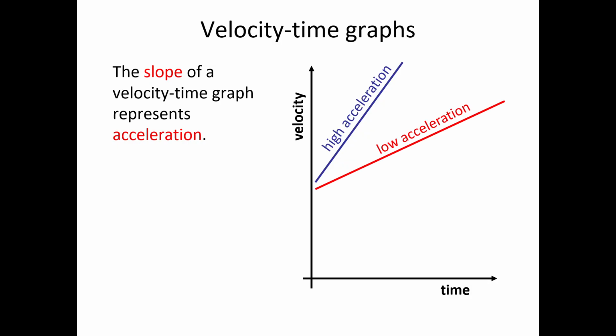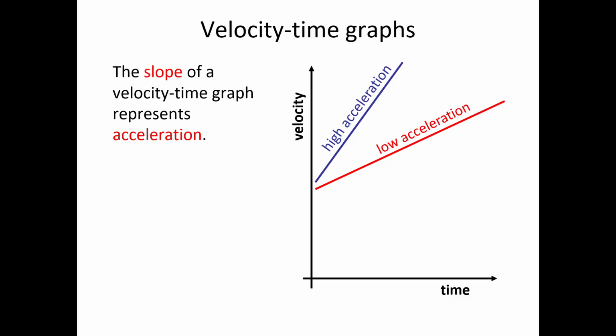So in this particular example here, you've got 2 different vehicles maybe. One's got a high acceleration because it's steeper, and one's got a low acceleration. So the slope of a speed or velocity time graph is the acceleration, okay? And it's what I try and do in class, is put a few axes on the board. I show then what straight horizontal lines mean, or straight diagonal lines on a distance or a speed or velocity time graph, okay?